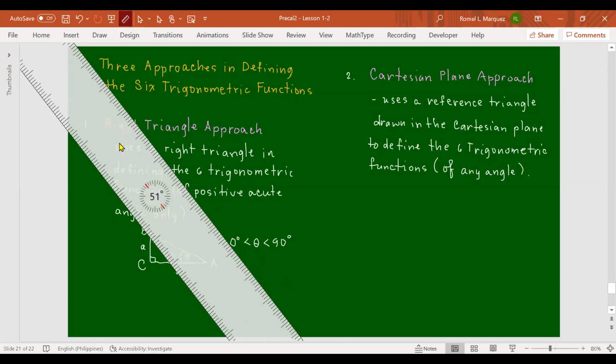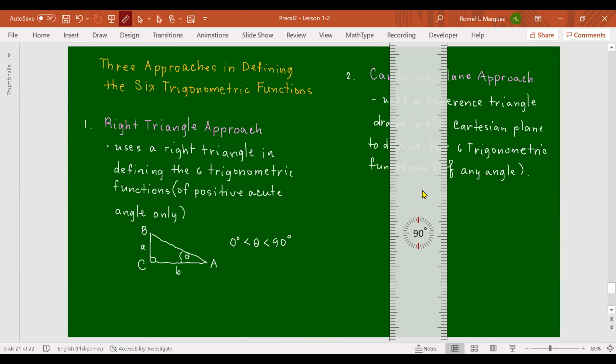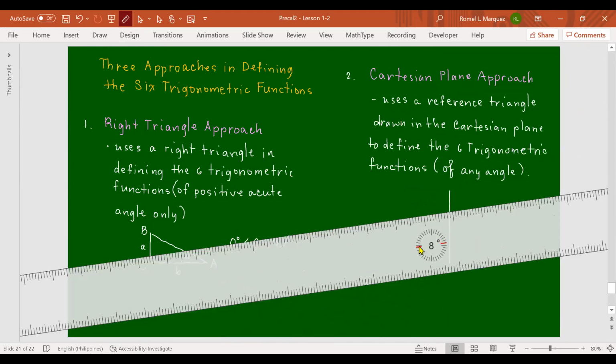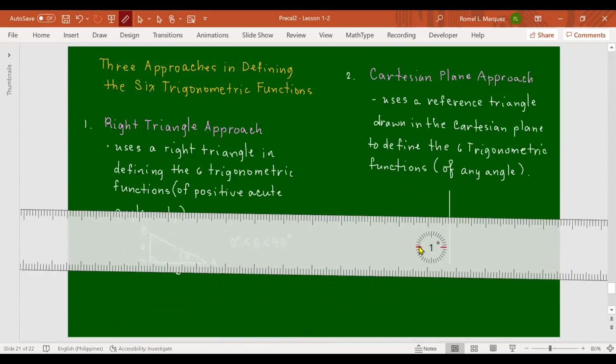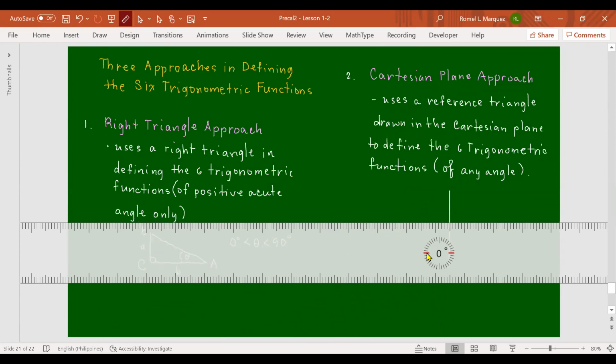Here, we're going to make use of a Cartesian plane. Let's use a ruler so that it will be nice. So that's the Cartesian plane, and then we have the x-axis. You're going to draw the angle here with one vertex of the triangle at the origin.